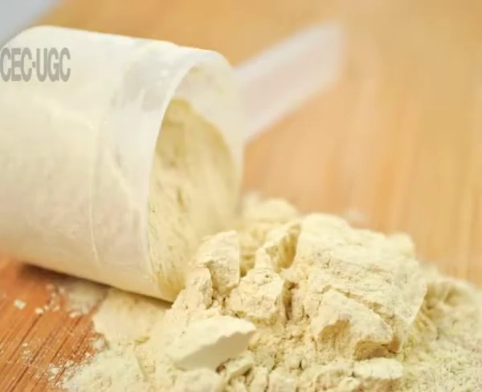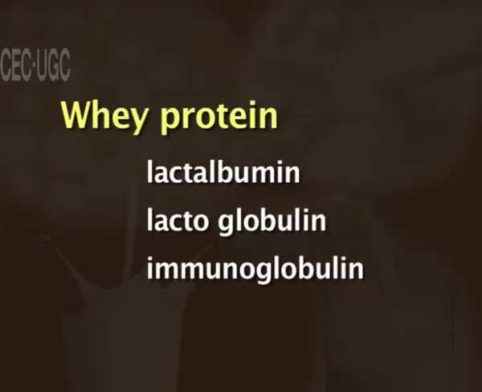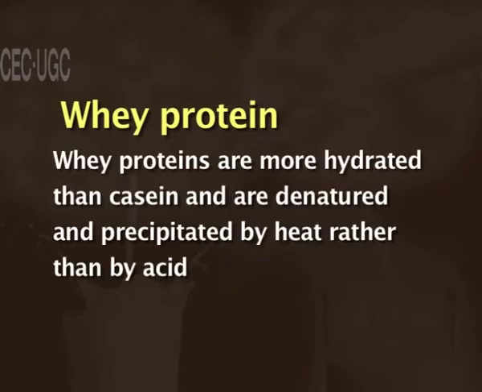Now the 20% of the protein of the milk is what we call the whey proteins, and the important whey proteins are lactalbumin, lactoglobulin and immunoglobulins. Now whey proteins are more well hydrated and they cannot be separated from the milk upon acidification, but they get separated from the milk or coagulated when they are heated to very high temperatures.